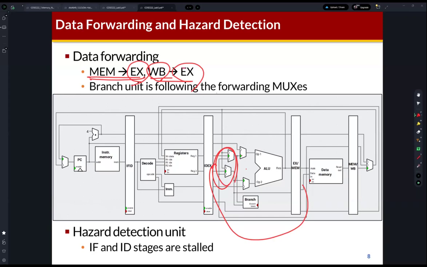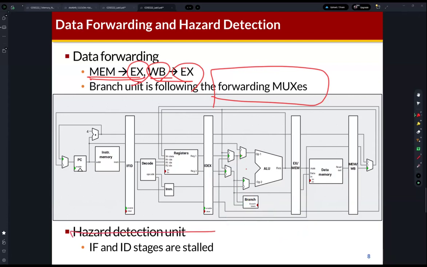You can find that the branch unit is located after the forwarding multiplexers, so forwarding is supported in this pipeline design.